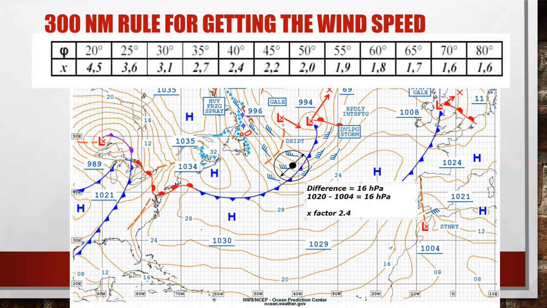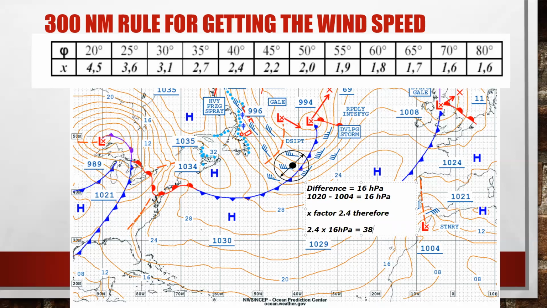So we have now 2.4 times 16 hectopascal, and that means 38 knots wind speed.